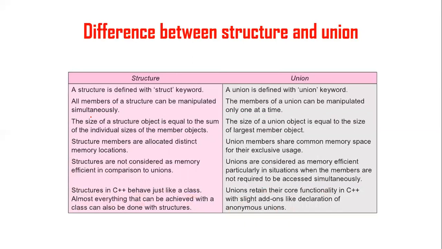Structures in C++ behave like a class, whereas union retains the core functionality in C++ with slight add-ons, like the declaration of anonymous unions also being possible. So these are the basic differences between structure and union.